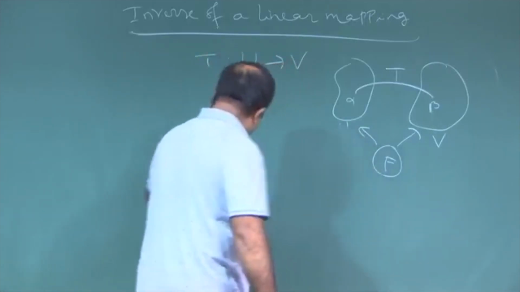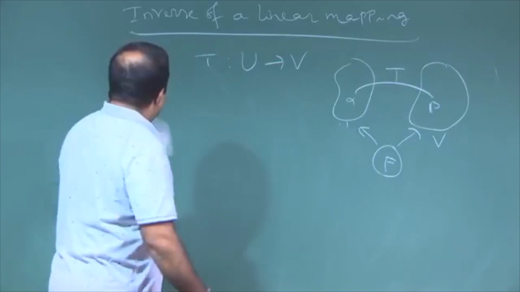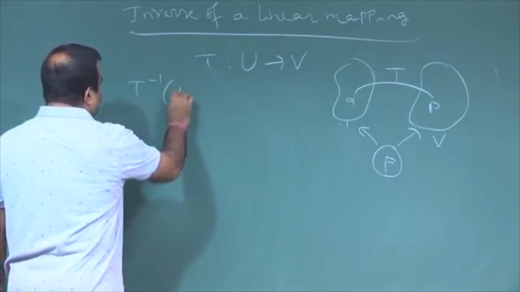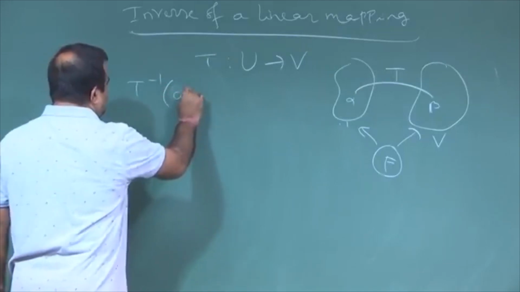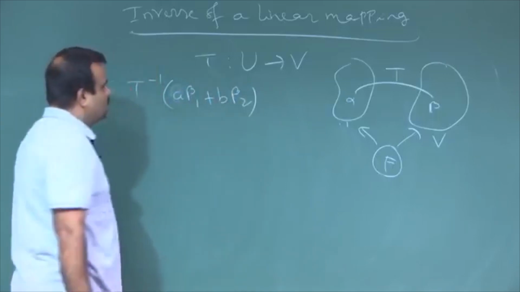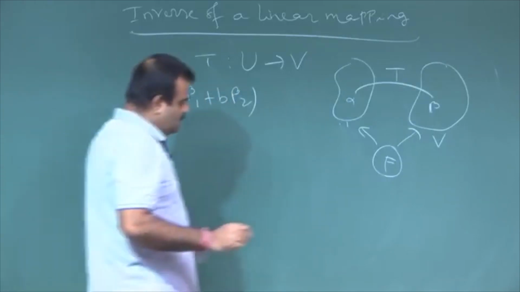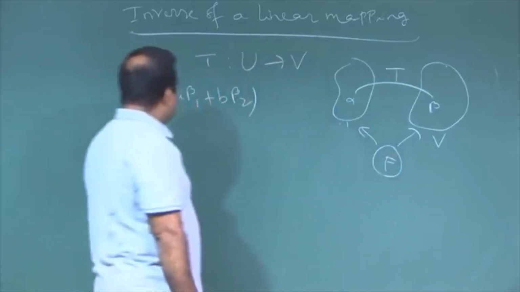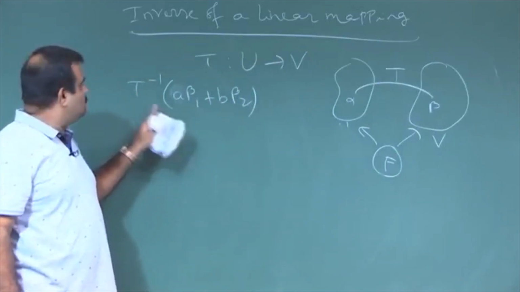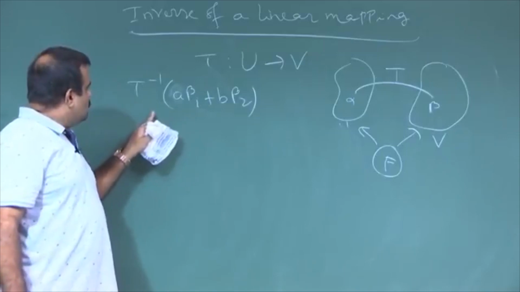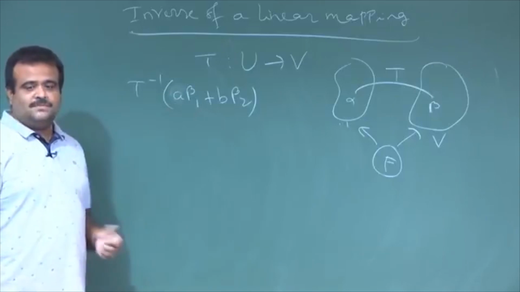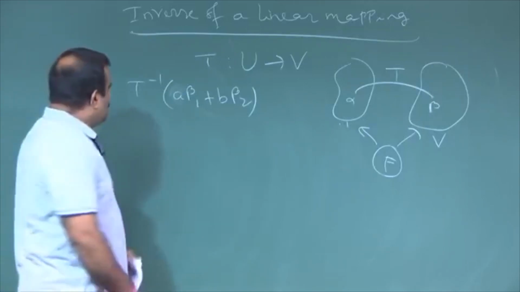For that, let us take T inverse of A beta 1 plus B beta 2. So, we take two points beta 1 and beta 2 in V, and for linearity we need this to be A T inverse of beta 1 plus B T inverse of beta 2.